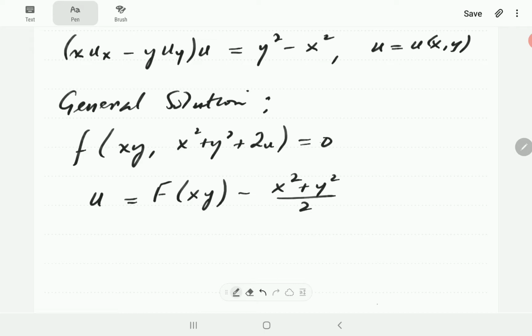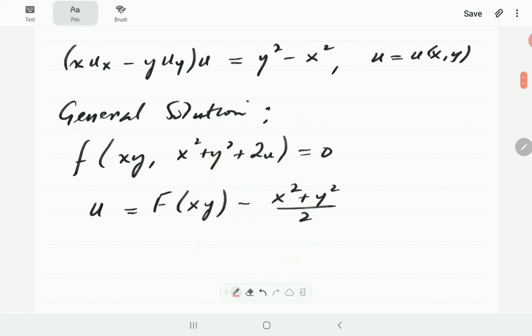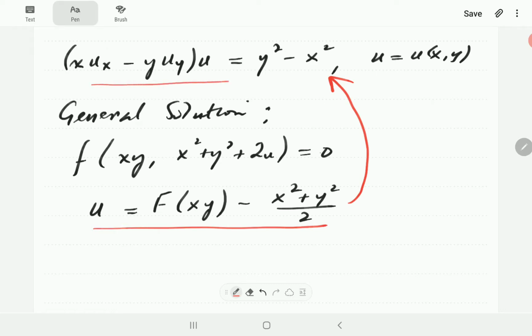Now, what we want to do in this video is to show you how to go from this solution back to that PDE there.